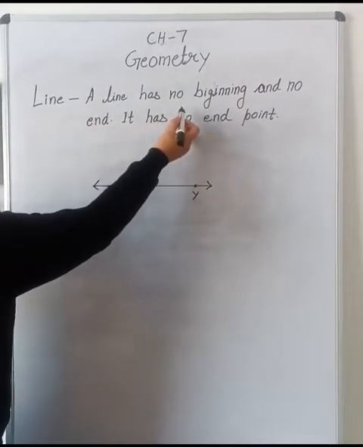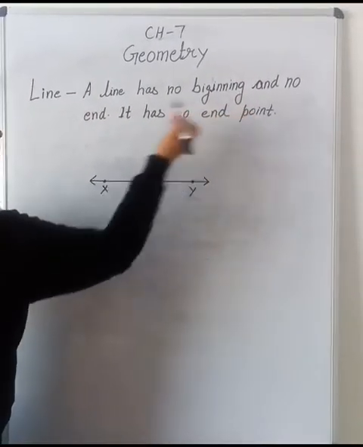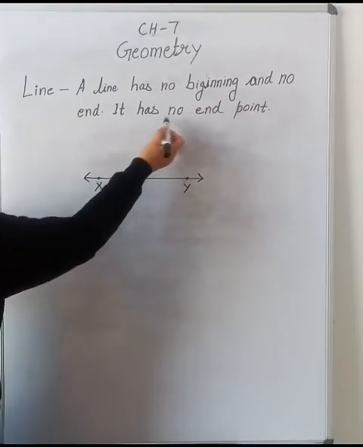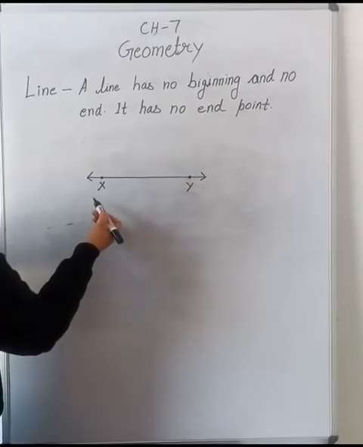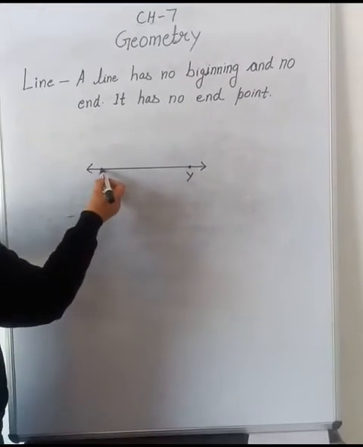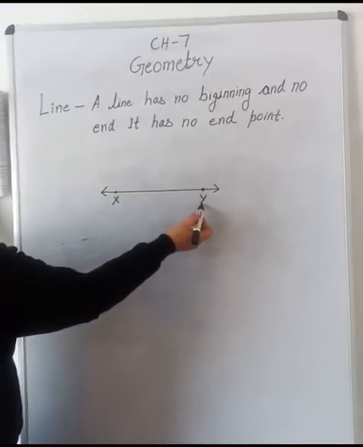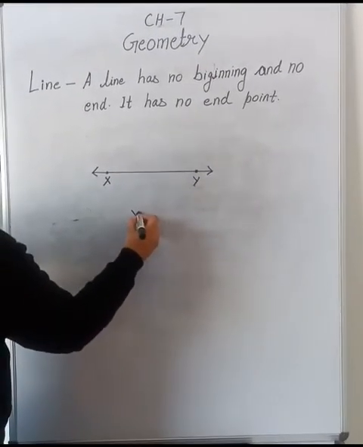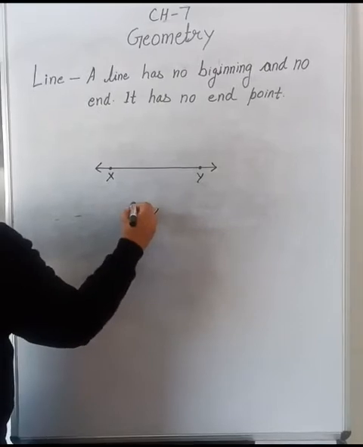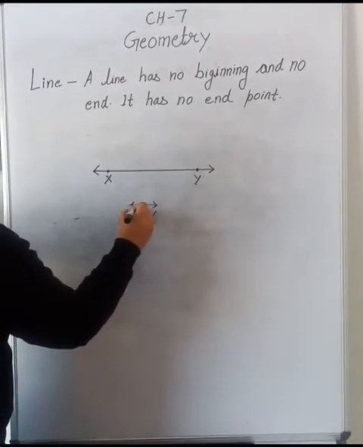A line has no beginning and no end. It has no end point. Now this is the line that I have drawn. I have given the names X and Y. This is line XY, and we will represent it as line XY like this.